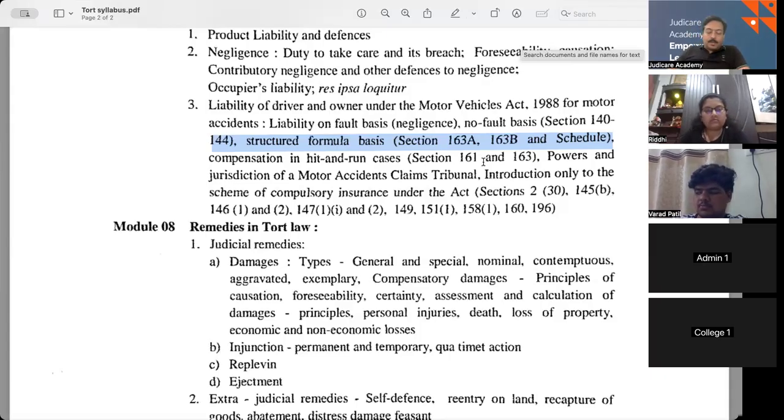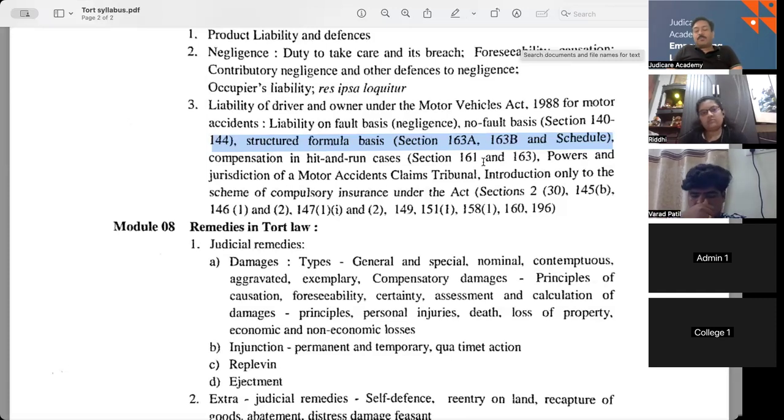Another famous case in this sense is Oriental Insurance Company Limited versus Mahesh Kumar, a 2007 matter. The court has ruled favorably for the victim, saying that timely compensation using this government fund must be provided even when the driver is not identified.